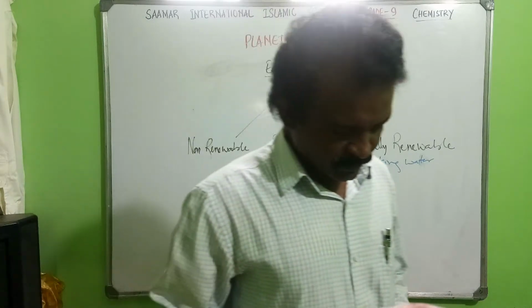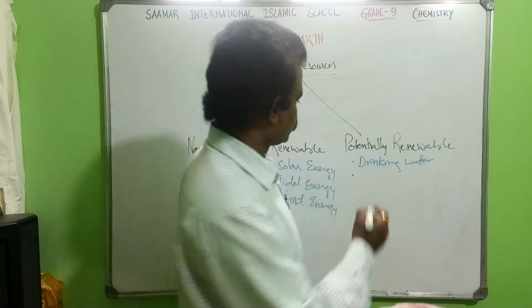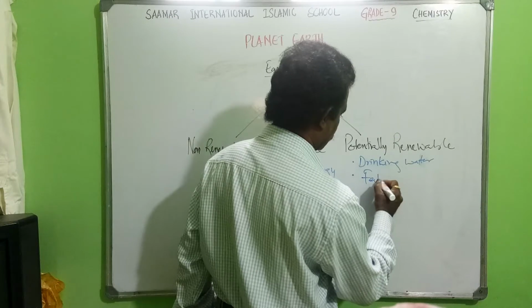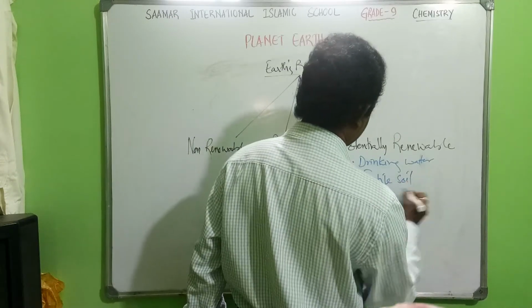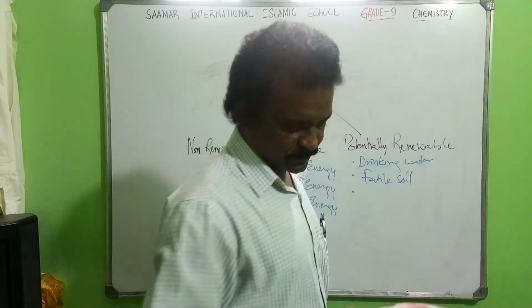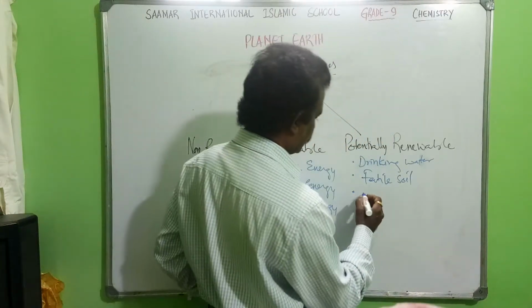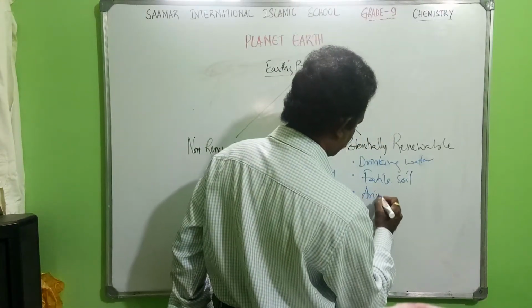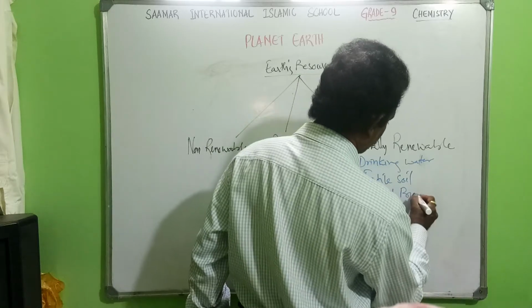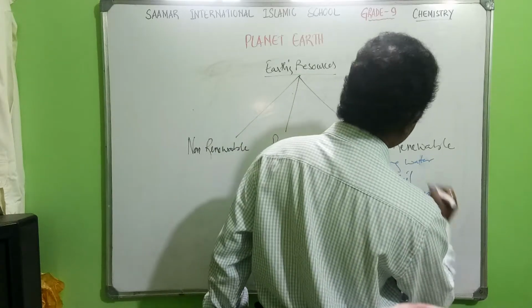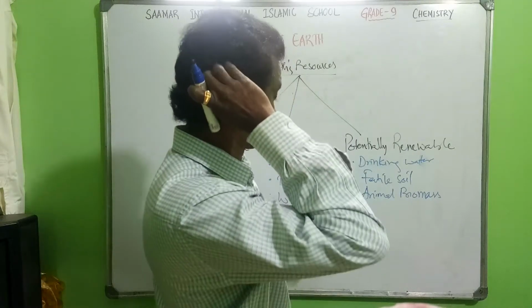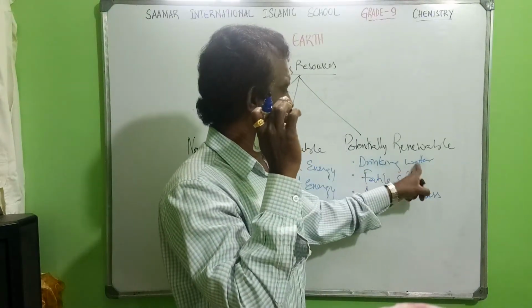Fine. And if you see this fertile soil, this is also an example. Next, we can make use of one more, called animal biomass. So all these are potential resources. That means we can use them in a limited way.